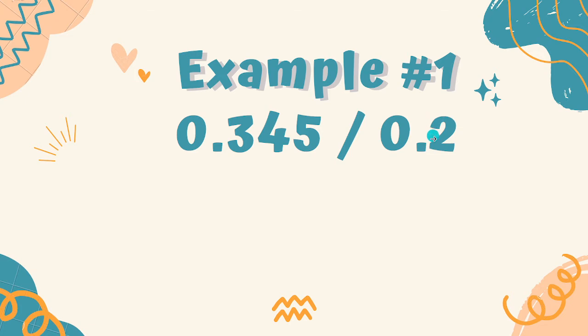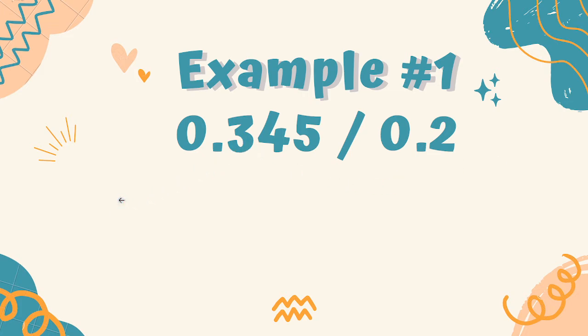Let's look at 0.2. We just need to shift the decimal by 1 place so that it becomes a 2, which is also a whole number. So in total, we shifted 4 times. So that means when we're done figuring out the answer, we need to shift the decimal place back to the left 4 times.